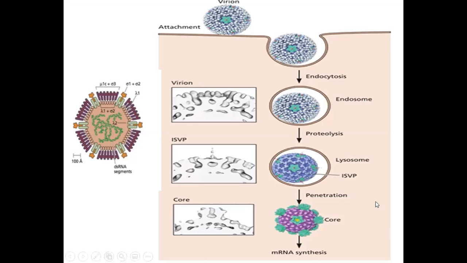But there is a process we will learn in the coming slide, how this double-stranded RNA genome is used within the cytoplasm for the production of messenger RNA, because double-stranded RNA cannot produce proteins as such. So this double-stranded RNA will carry out mRNA synthesis within the particle, and then this mRNA will be released, and the ribosome will read this mRNA, and then translation and the assembly of the viruses will take place.